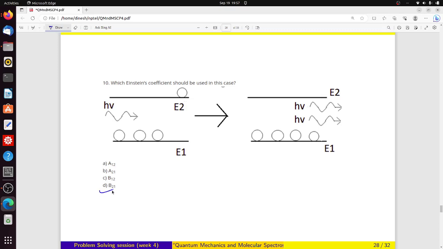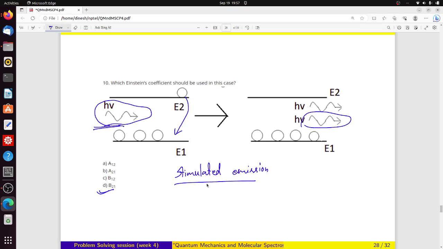Yes, right. And what kind of process is this? Spontaneous emission. Oh, sorry, stimulated emission. Yes, it is stimulated by this h nu. This particle is going to the ground state and radiating one photon, so this is emission, and it is stimulated by this h nu. So stimulated emission, so B21. Good.